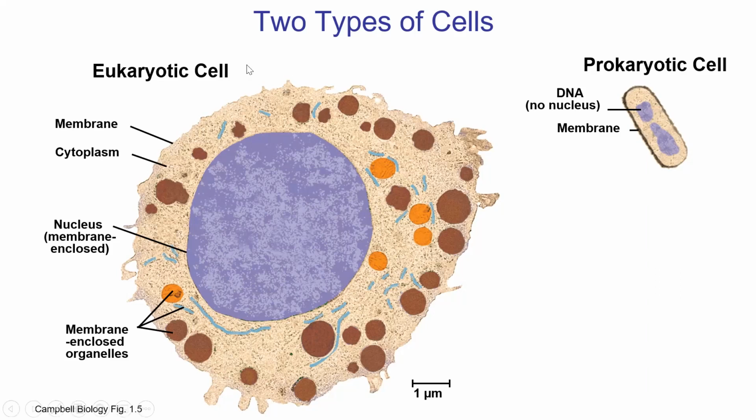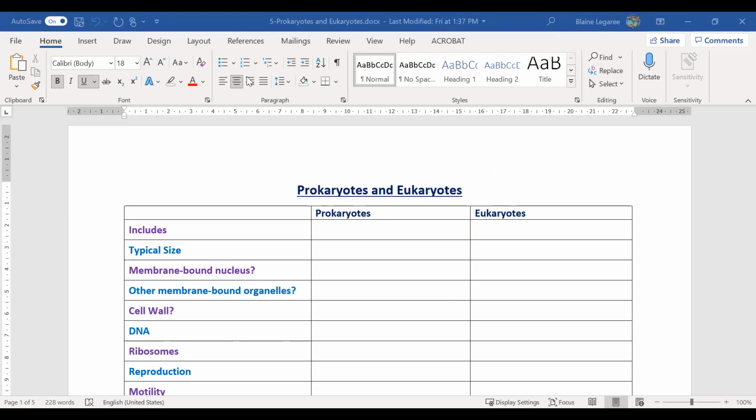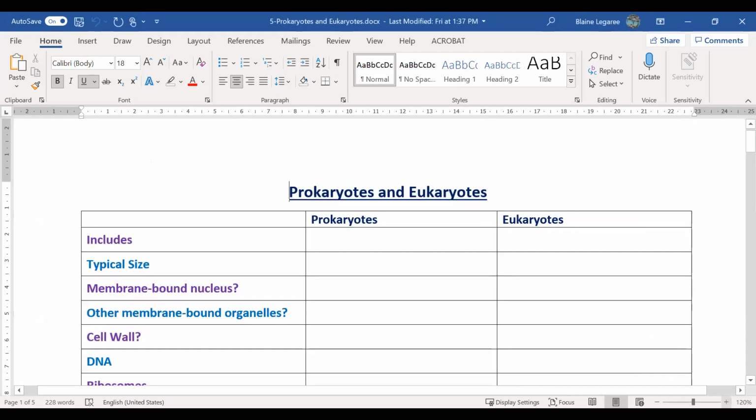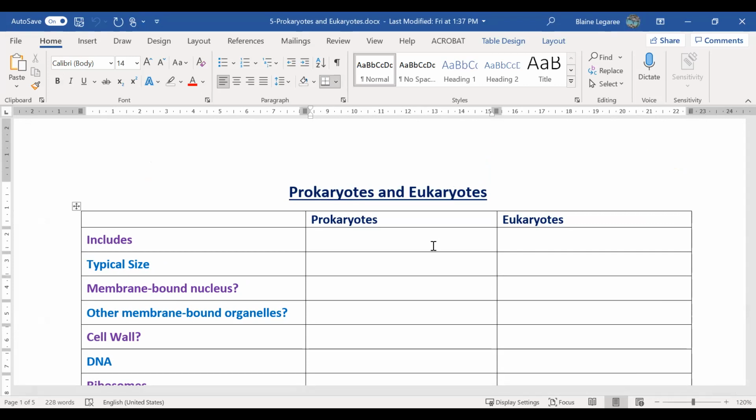What I normally do is I do this on the whiteboard. But instead I've started a Word document, and I'll just type some notes into it. So you can see my heading is prokaryotes and eukaryotes, and then I have some descriptors and characteristics on the left-hand side.